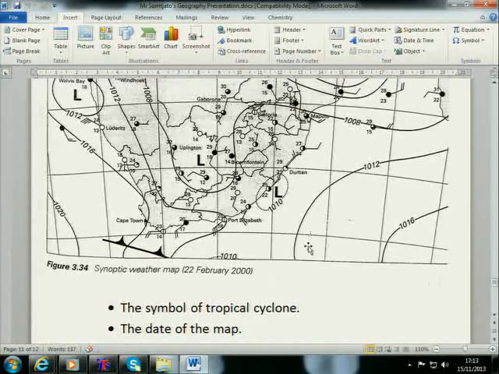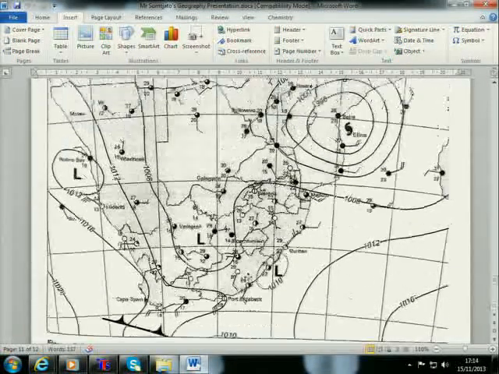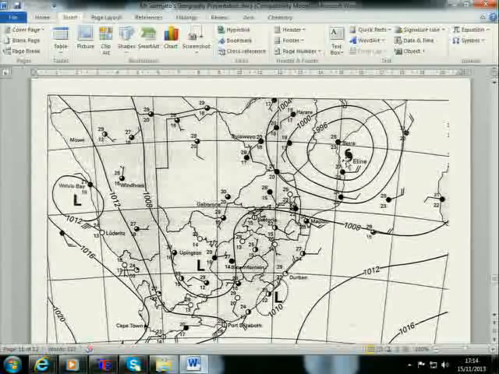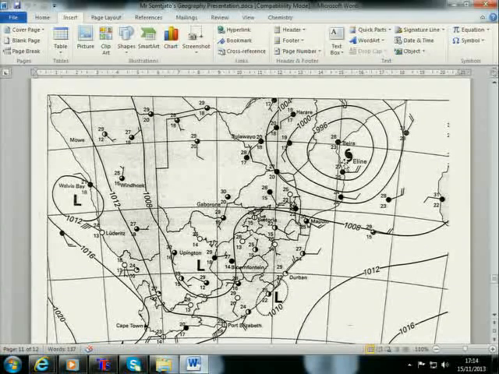Number two, the date of the map. Look at the date of the map, the synoptic weather map in front of us. The date is 22nd February, the year 2000. The date of the map, because it is in summer, will indicate the presence of the tropical cyclone.